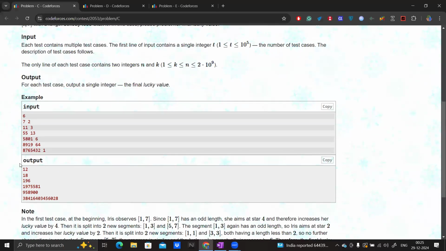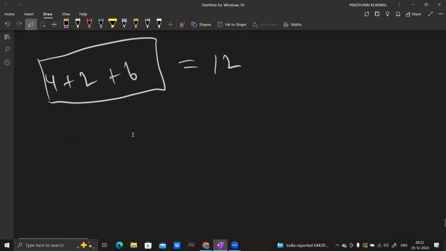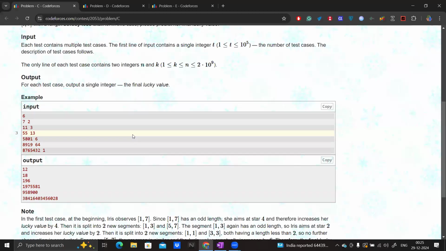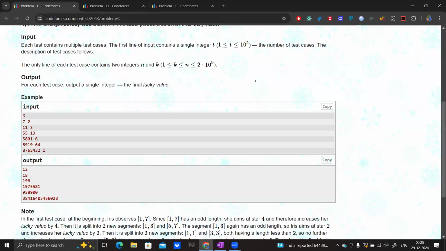Now for better understanding, I'll explain the second one also. In the second one we have 1 to 11. For 1 to 11, she'll observe 6, which is the middle one, so 6 is added to the answer. Then we have 1 to 5 and 7 to 11. For both of these, k is equal to 3.